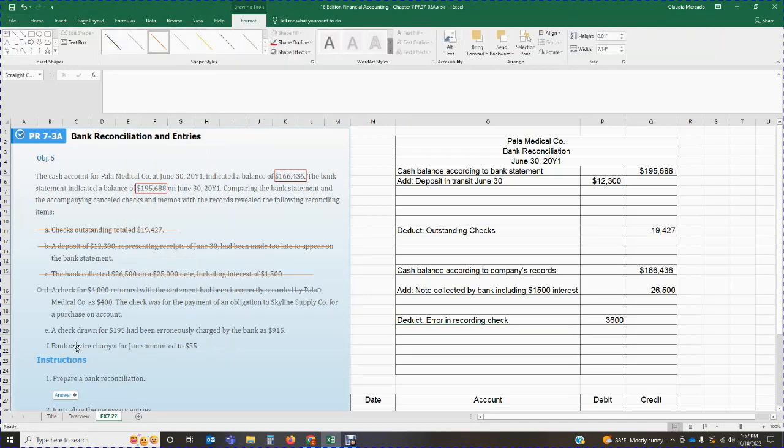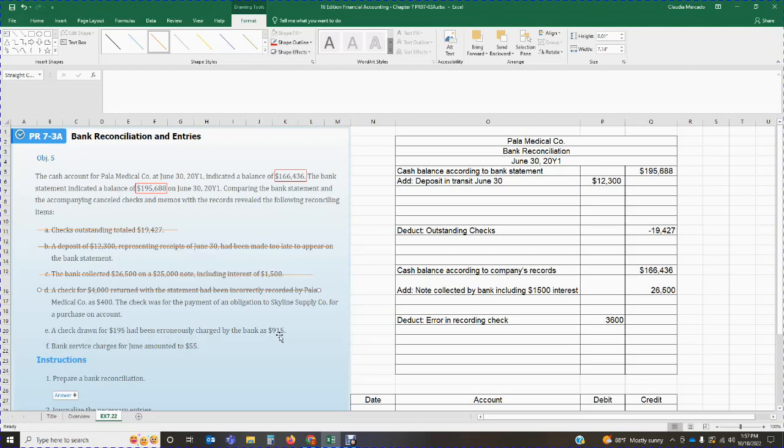Letter E. A check drawn for $195 had been erroneously charged by the bank for $915. Banks do make mistakes, so it's very important that we reconcile. The check was for $195, and the bank erroneously charged $915.